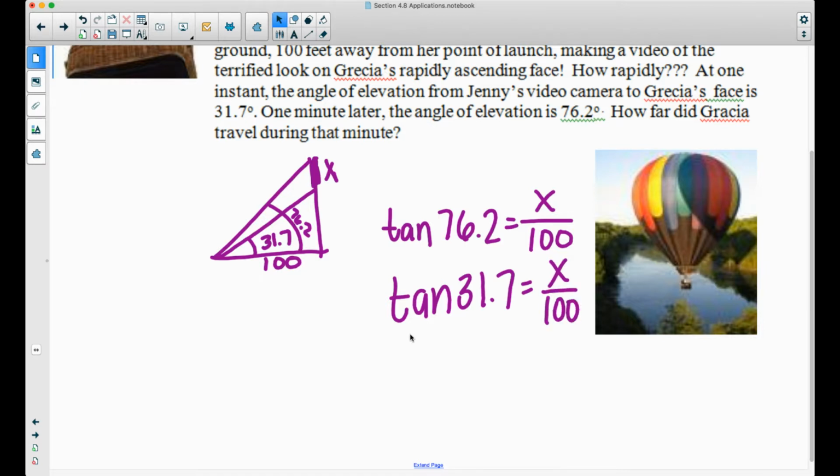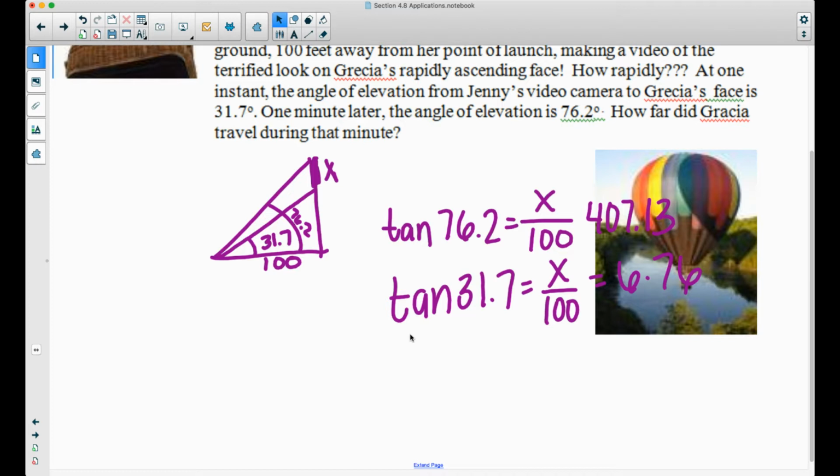Did anyone else set it up differently? Okay, so if we do 100 tangent of 76.2, we get 407.13. And then 100 tangent 31.7, we get 61.76. And then I just subtracted the 61 from the 407.